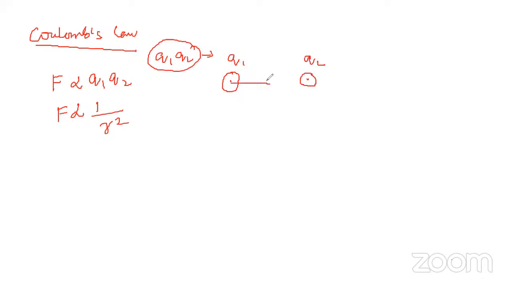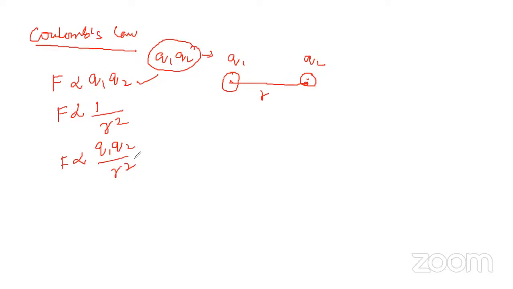and the separation between them is R, then the force is directly proportional to the product of the charges and directly proportional to 1 by r square. Combining these two, we can write F is proportional to Q1 Q2 by r square.